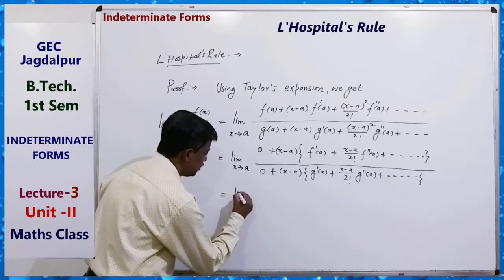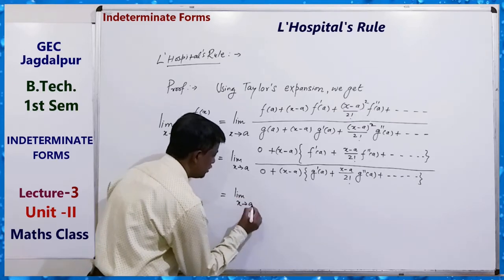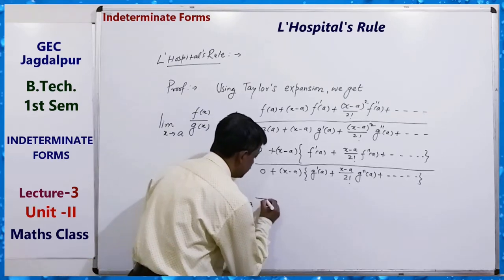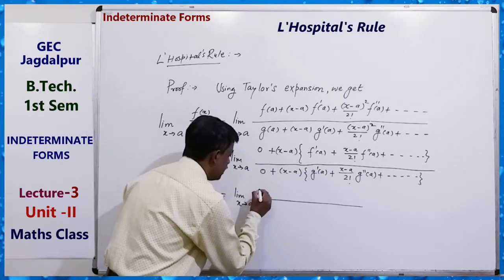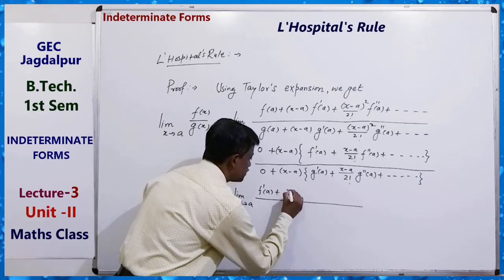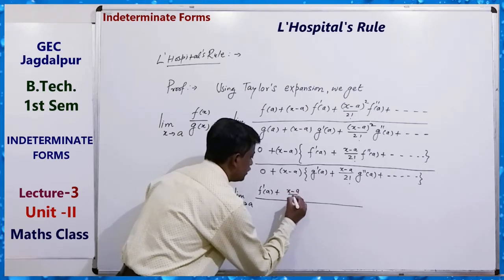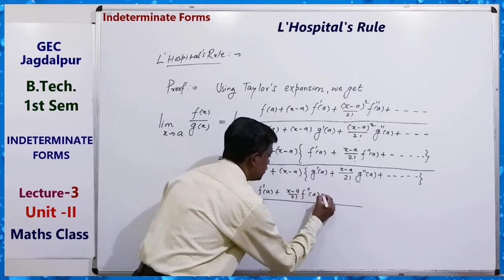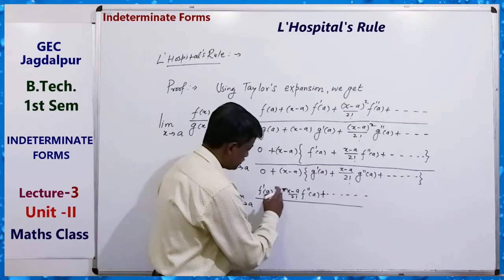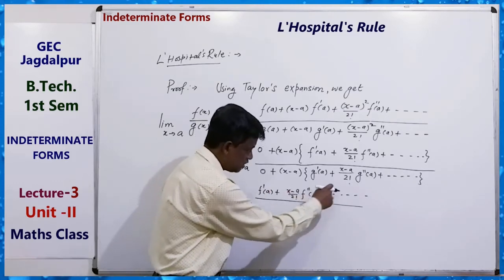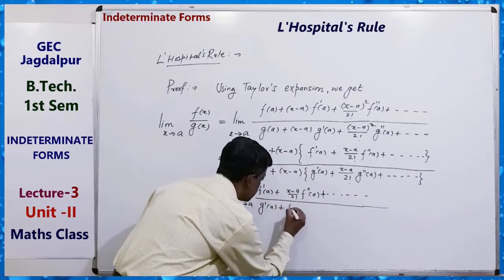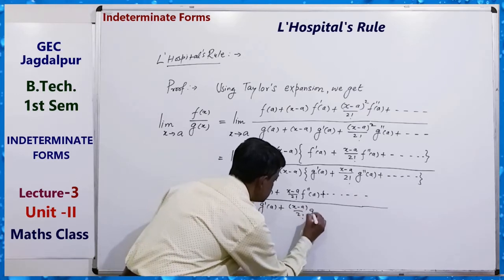So here, the limit as x tends to a gives f dash a plus x minus a upon 2 factorial f double dash a, and all the terms after the first term have x minus a, here also x minus a, over g dash a plus x minus a by 2 factorial g double dash a.